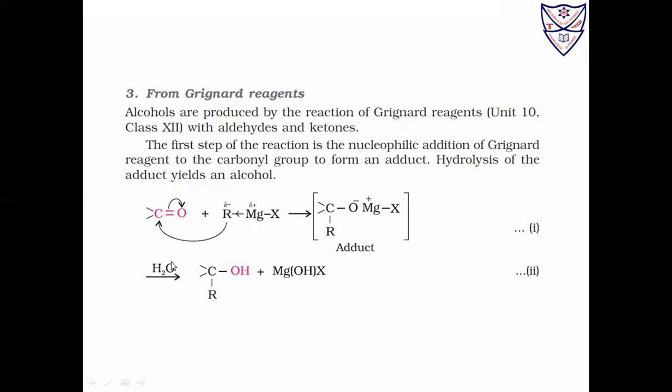Then on addition of water, the Mg is substituted by hydrogen. So we get the carbon with R and OH, and here we get MgOHX. The hydrogen of the water comes over here and the OH comes over here. So RMgX, the Grignard reagent, is helpful for the production of alcohols.